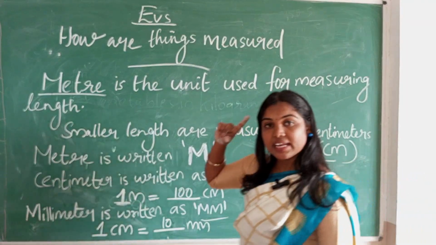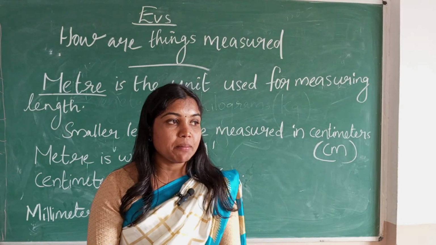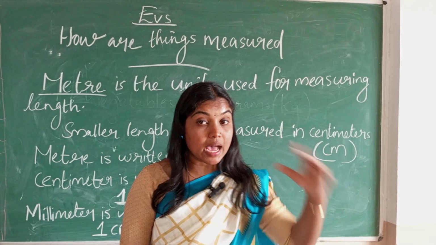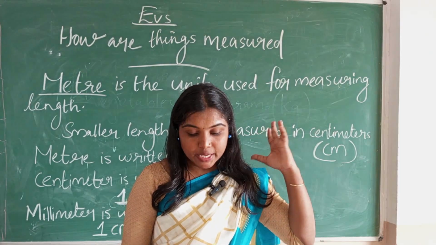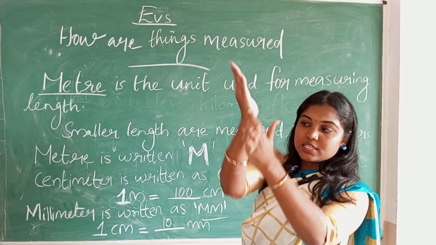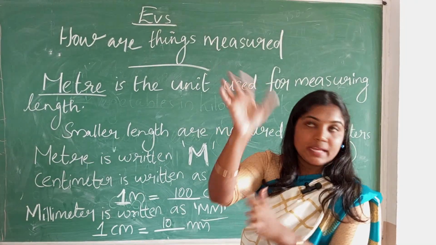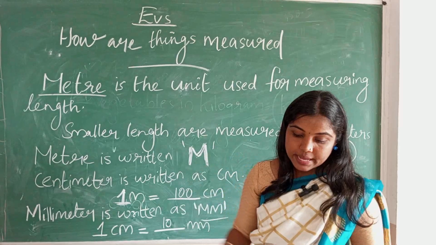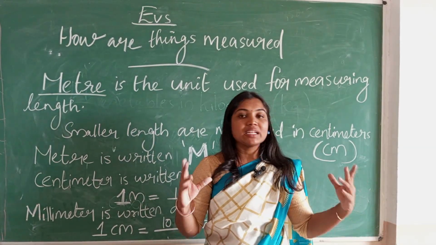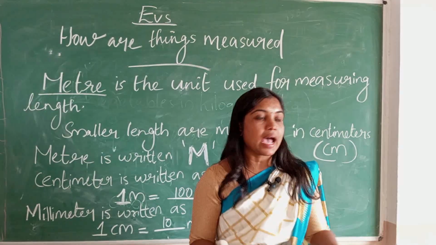So, in early times, how did people measure things? They used their cubit. This portion is called the cubit, and then handspan and foot span. They used them to measure things. But that is different from one person to another.